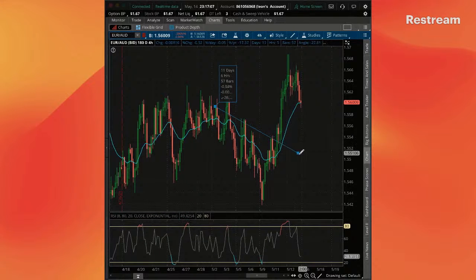So look at this price action. This is the first price action right here.